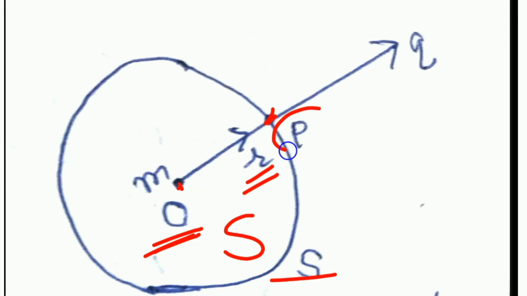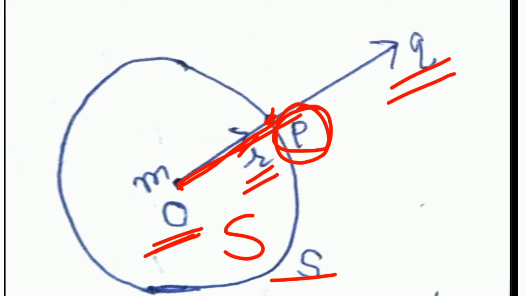This point P is a field point on this surface S, such that OP bar is equal to r bar, and then the fluid velocity at this point P along this OP bar is q, and this magnitude q is everywhere constant over this surface S.